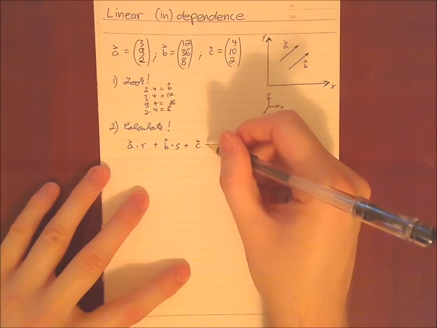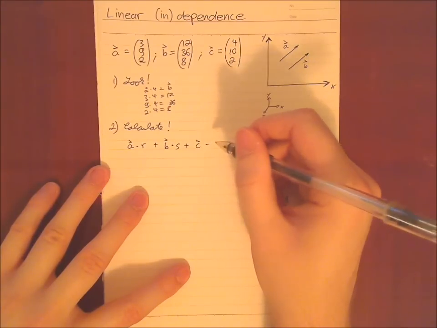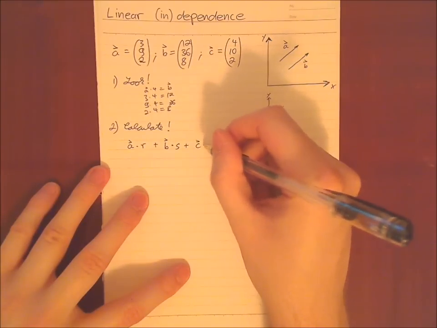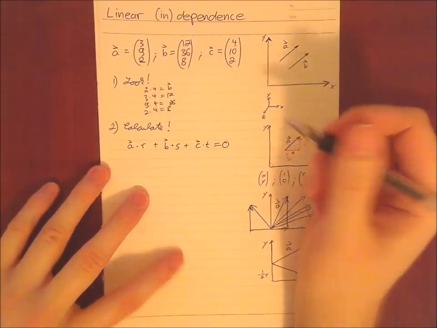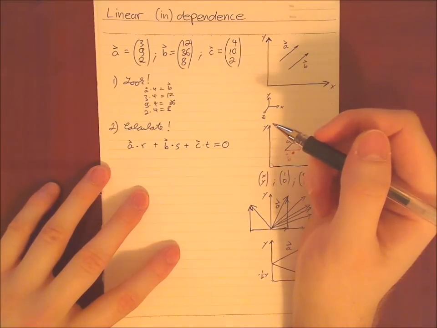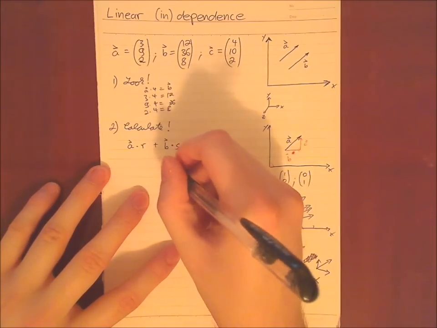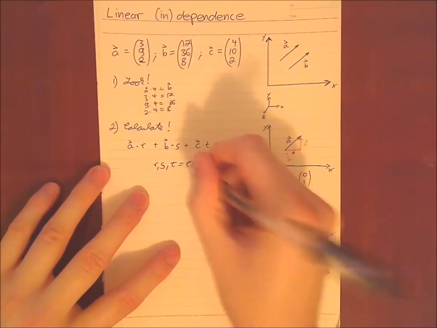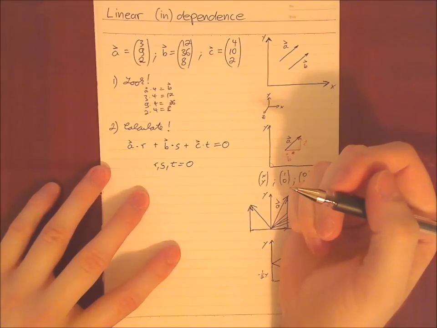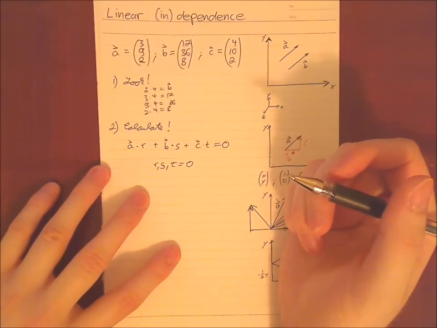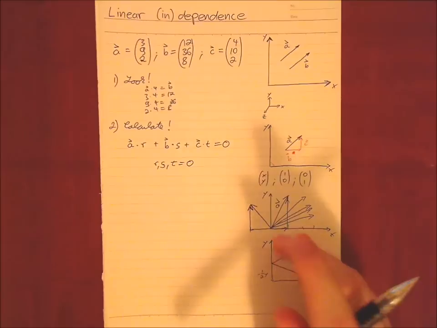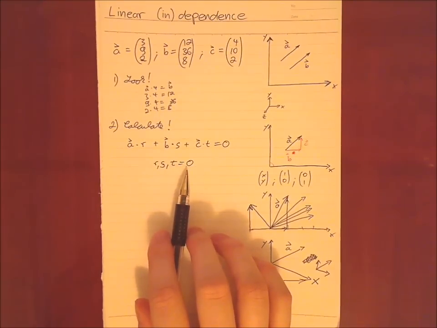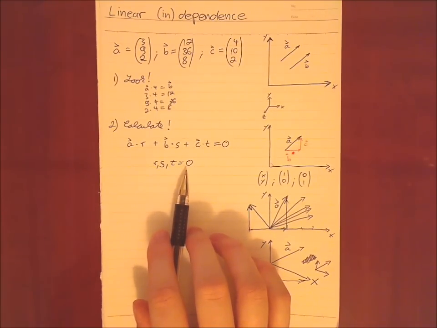Then the vectors are linear independent. The trivial solution is when r, s, and t equal 0. When there's another solution, then we can say the vectors are linear dependent. If there's just this one solution, then we say the vectors are linear independent.